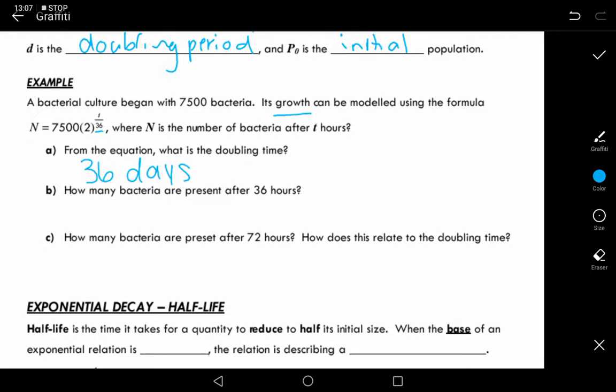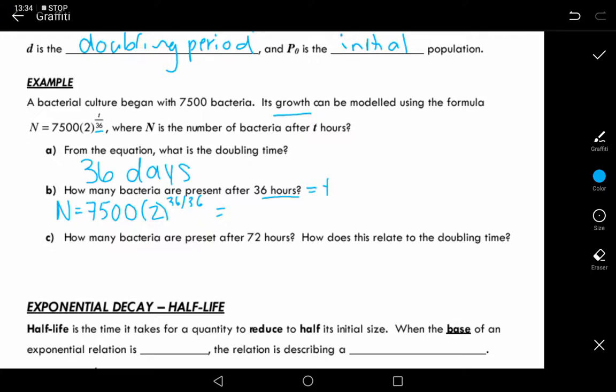How many bacteria are present after 36 hours? So it's giving us, again, it's giving us a time, right? So that means we need to plug 36 in for T. So again, everything in my equation remains the same, other than the fact that I'm getting rid of my variable, right? So 36 divided by 36.